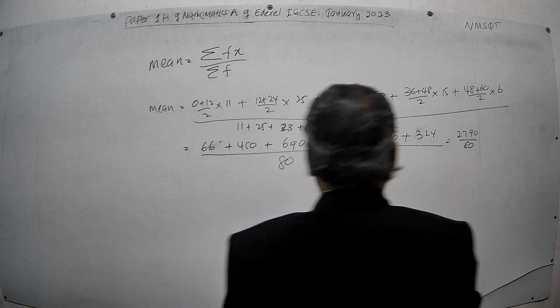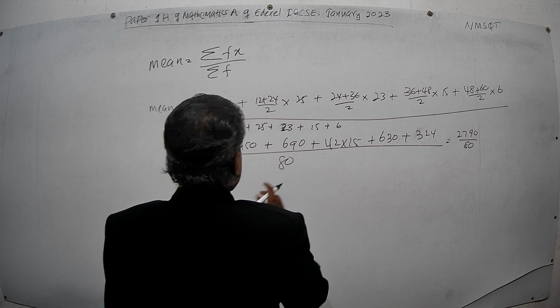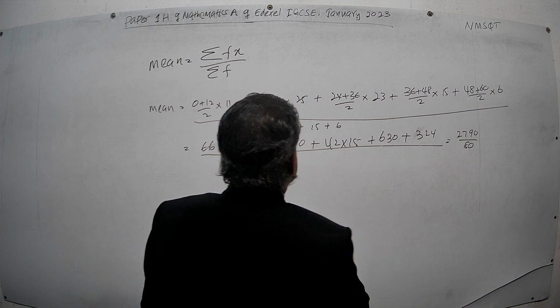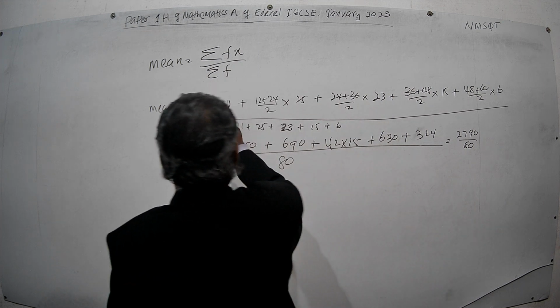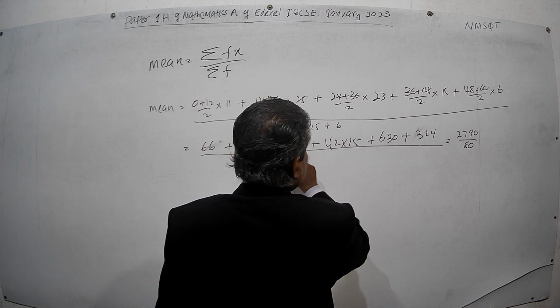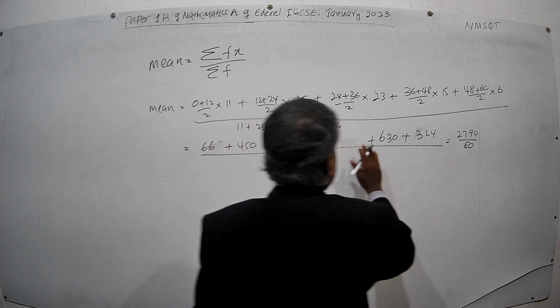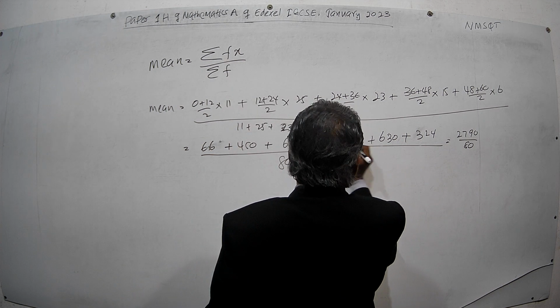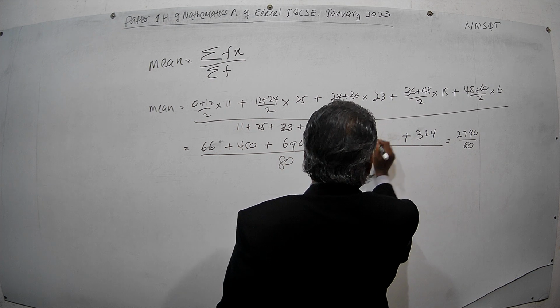Sorry, I think there is a mistake. Wait. This one here, this one here, this one here, and this one here. Sorry. 630 here plus 324.